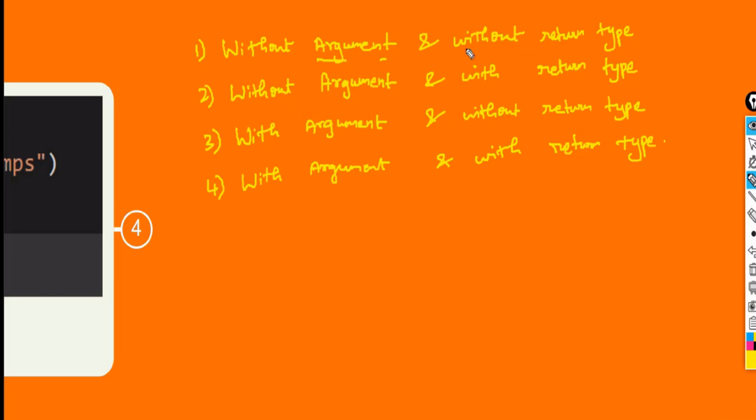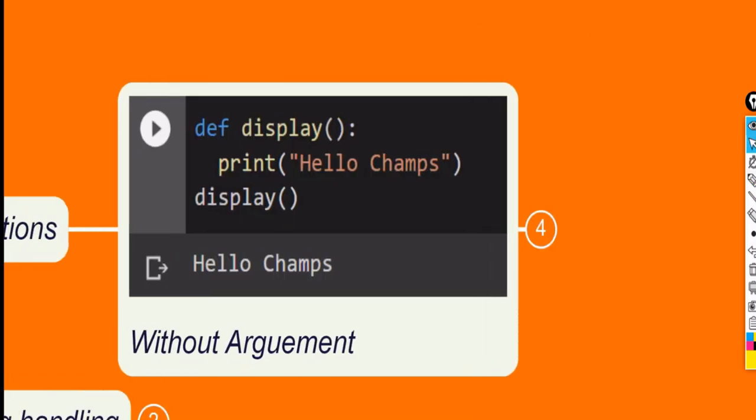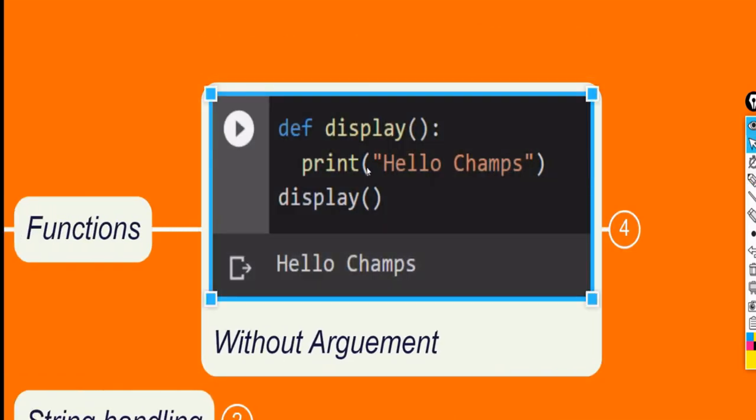Similarly, return type means that after executing that particular function, whether the function is returning any value or not. That is what comes under the return type. This function comes under without argument and without return type. Here you can see it clearly.